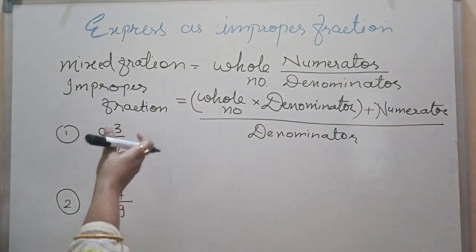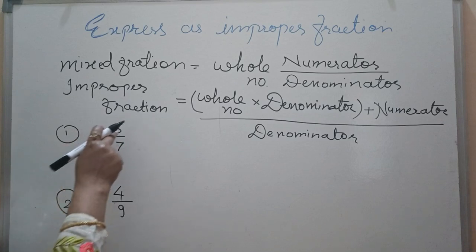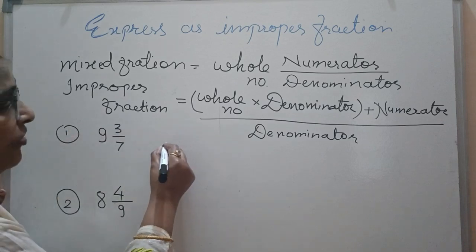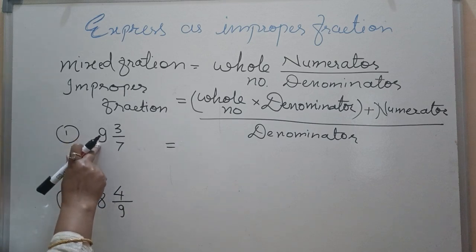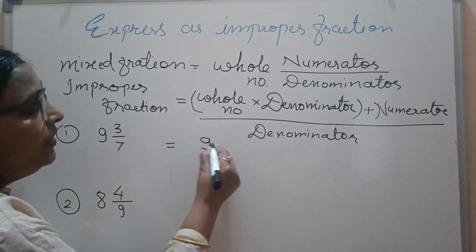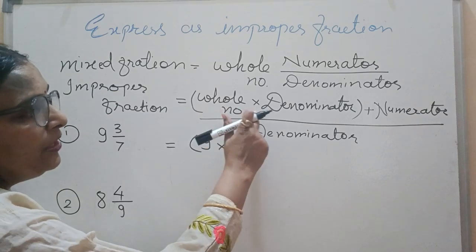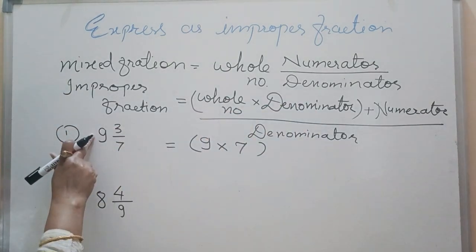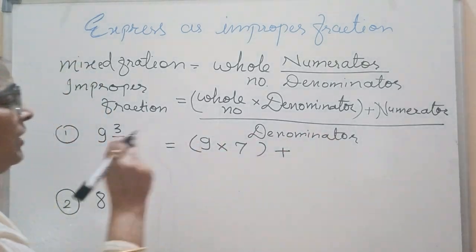Got it? Let's take an example. Here, first one example is 9 3 by 7. Now, how can you write it? 9 is the whole number. So, 9 into denominator 7. Whole number into denominator. Therefore, 9 into 7 plus numerator.